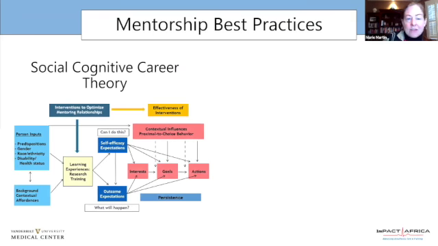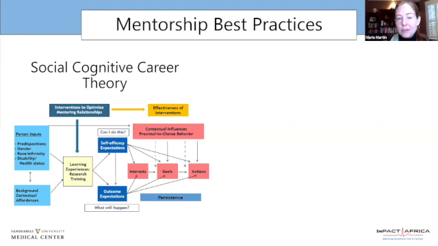So that self-assessment is one way to think about your own practice, and also utilizing frameworks and models to enhance mentoring. One of the ones that we discussed was the social cognitive career theory. And this was an example of how you can imagine where your mentorship can most effectively influence your trainees.